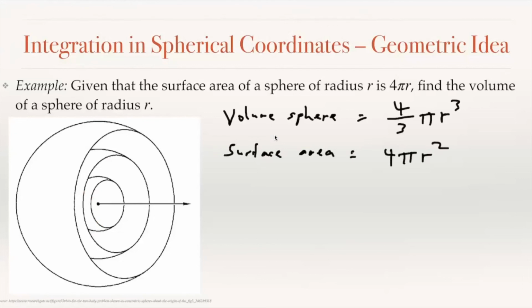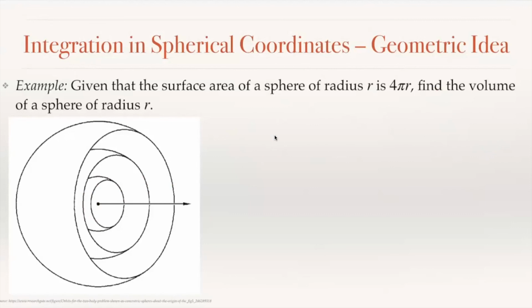Have you ever noticed that the surface area of a sphere is d/dr of the volume of the sphere? The reason for that is that we can find the volume of a sphere by integrating the surface area dr by thinking of an integral in spherical coordinates where we add together these various spherical shells, dr.